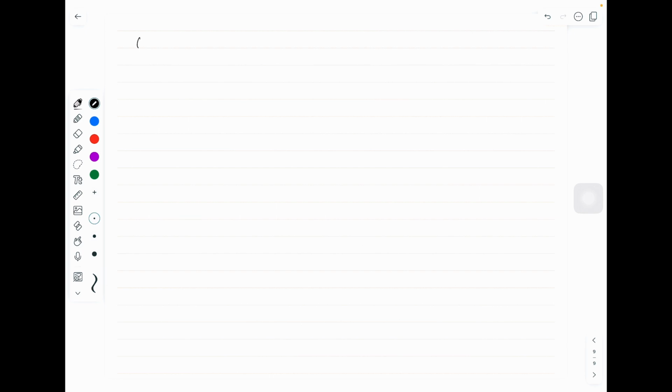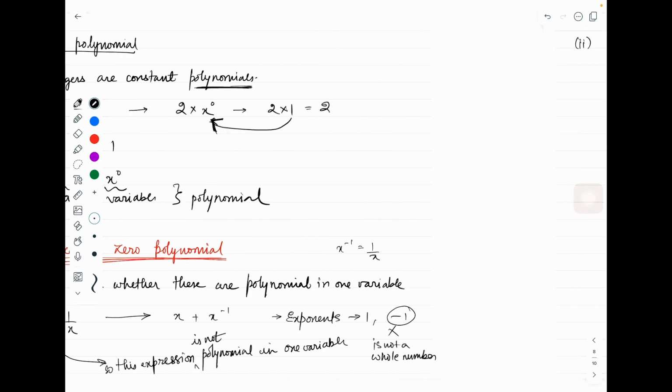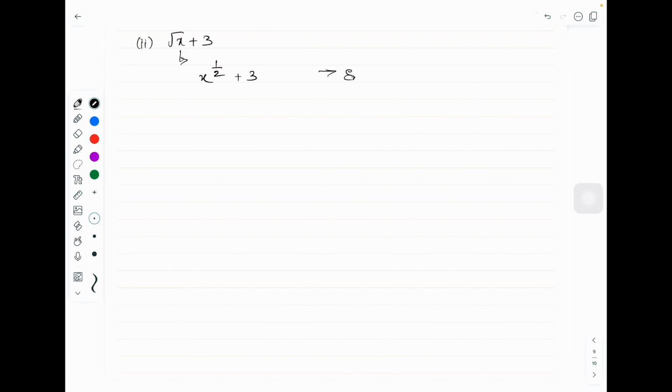Similarly, the second one is root x plus 3. You can see this in the previous class, in the number systems video. Root x can be written as x to the power 1 by 2, plus 3. Now what are the exponents? 3 can be written as 3 times x to the power 0.